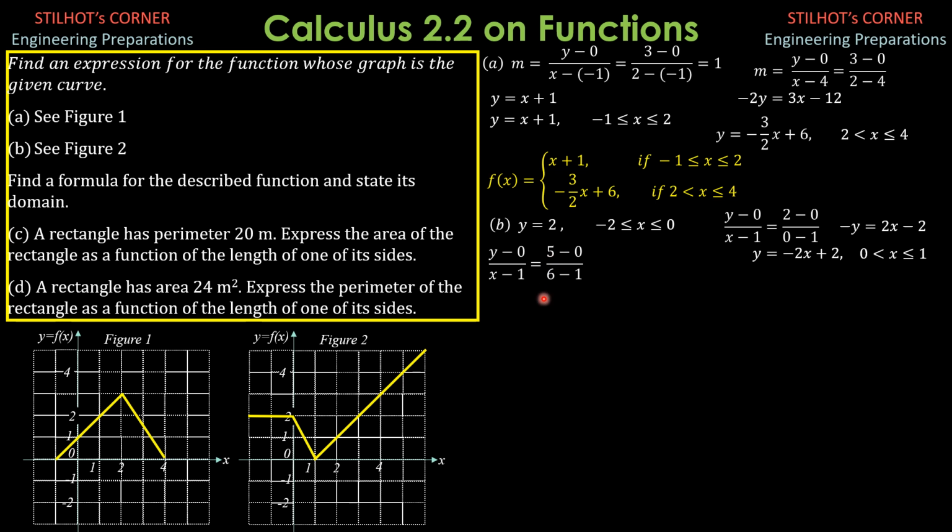So y is x minus 1 times 1, so y is simply x minus 1. And the domain is 1 less than x less than or equal to 6, because x is 6 there.